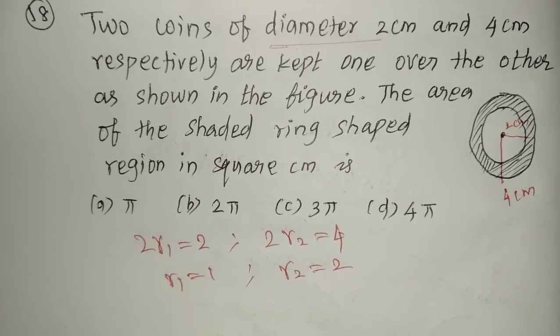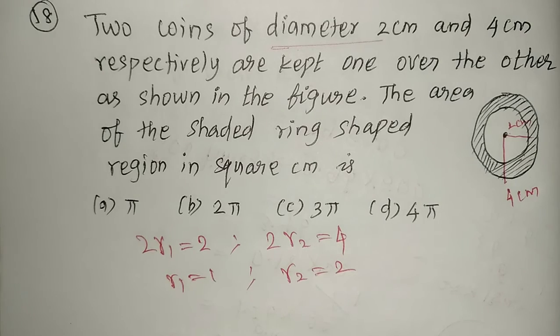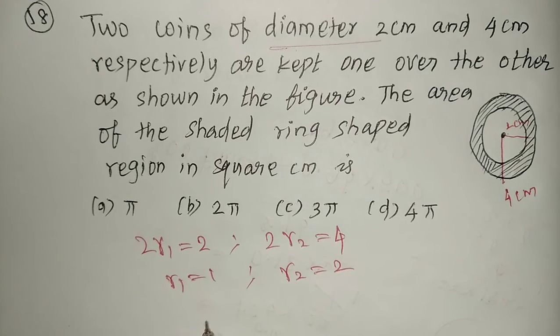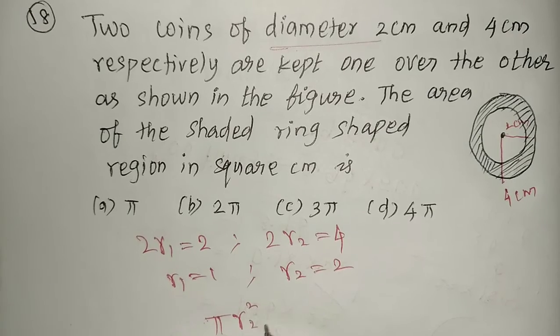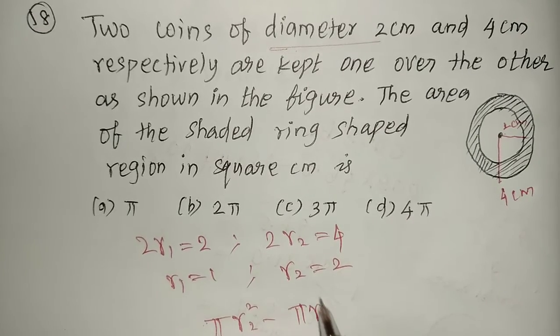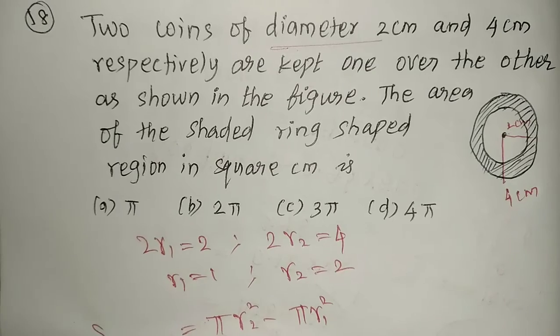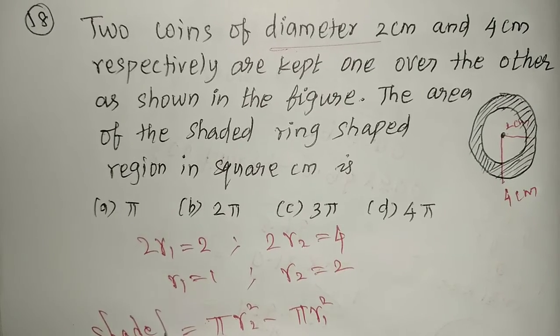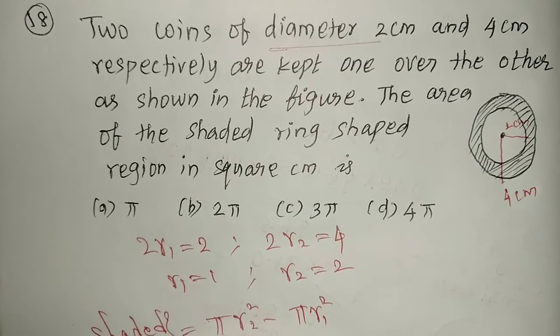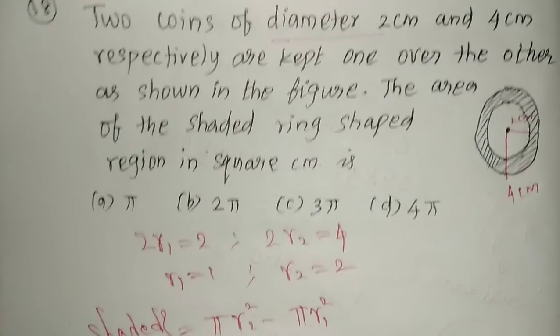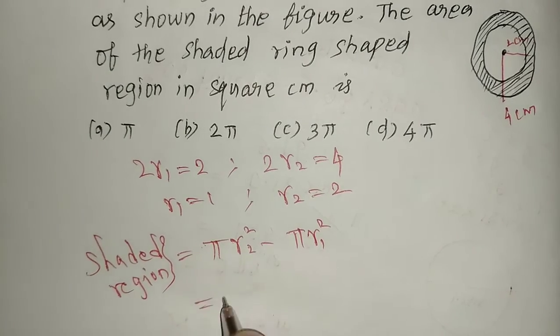Now we will go for the shaded region. So I told you the greater area minus the smaller area, then you will get the shaded region. So I'm taking pi commonly outside.